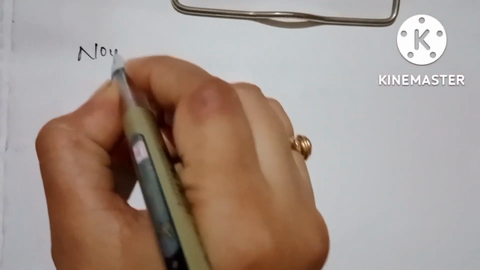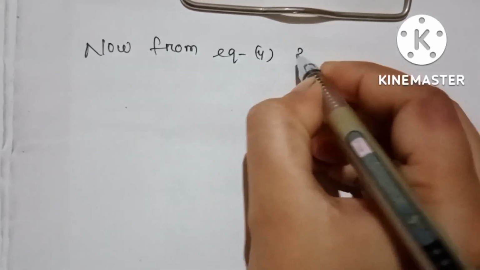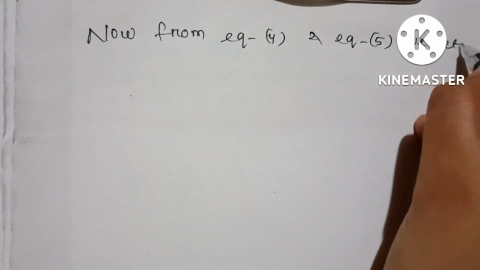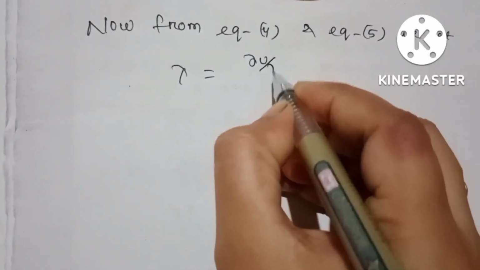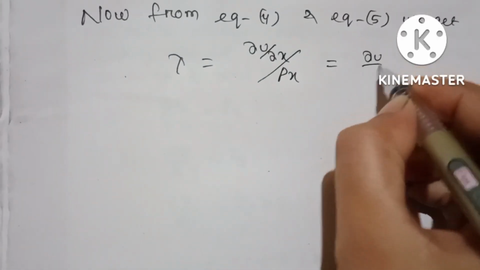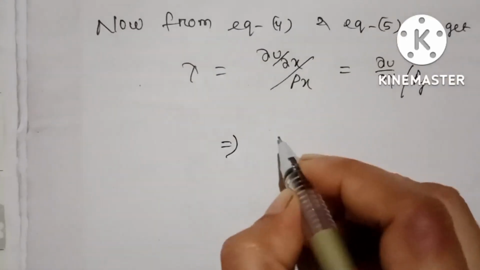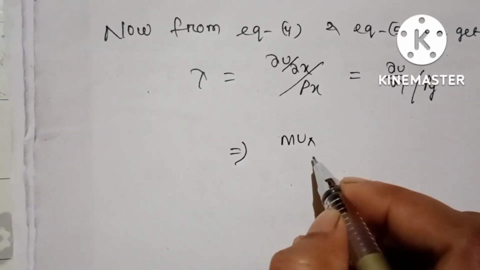Now from equation number 4 and equation number 5, we get lambda equal to del U by del x whole divided by Px, equal to del U by del y whole divided by Py. This one is nothing but MUx, or you can say Ux.